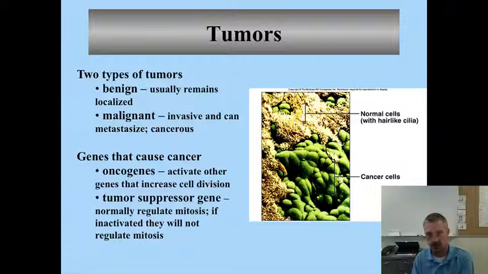It goes barreling through, and divisions happen a lot quicker because we've now cut the brake lines on that cell cycle. And what's really interesting is that when you start talking about chemotherapy and other treatments like that, a lot of times it actually goes after cells that have lost these tumor suppressor genes.